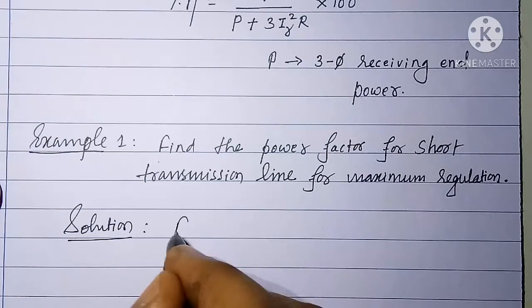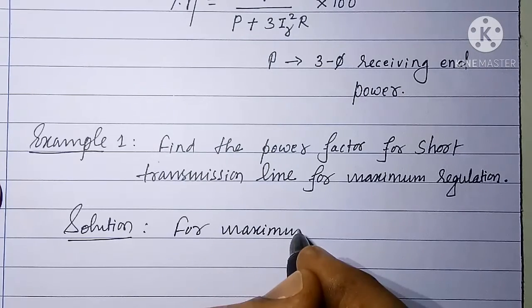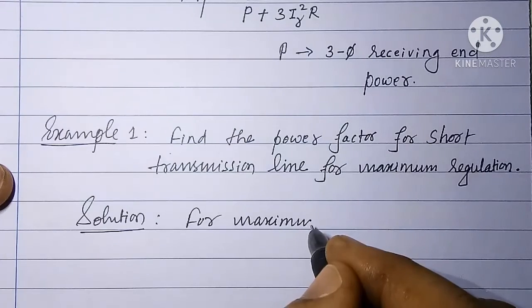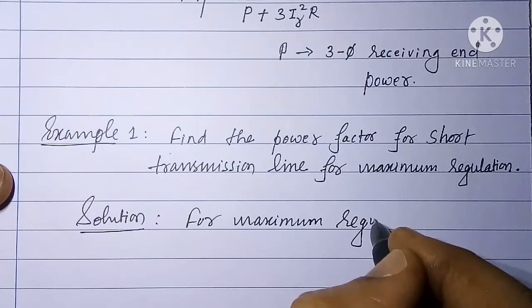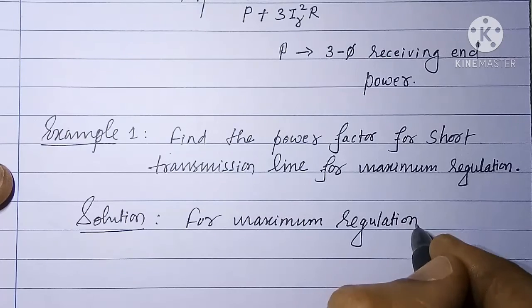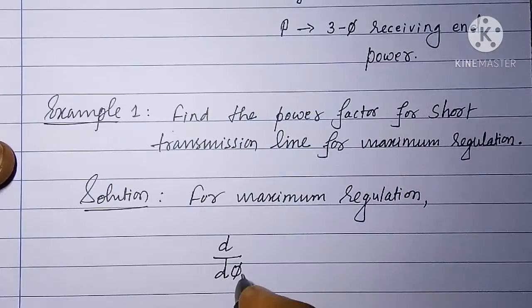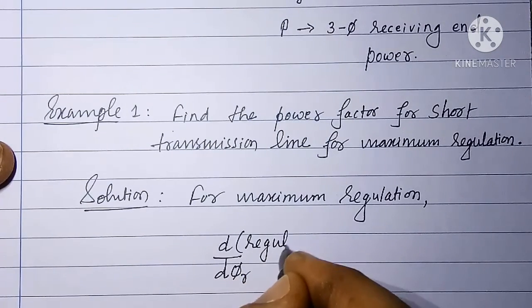Solution. You all have studied maxima and minima in your 12th standard. So for maximum regulation, what is the condition? Differentiation of regulation with variable phase angle phi r should be equal to 0.